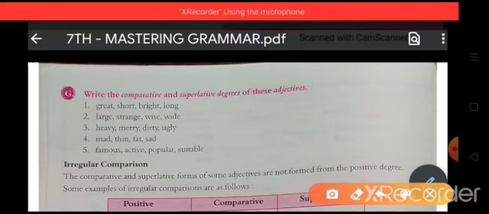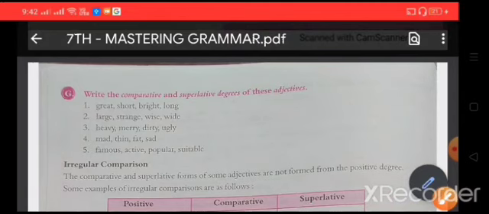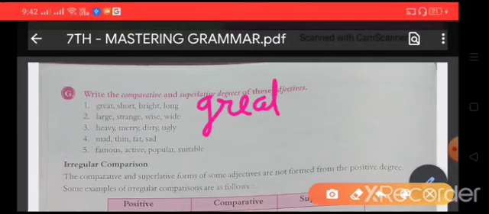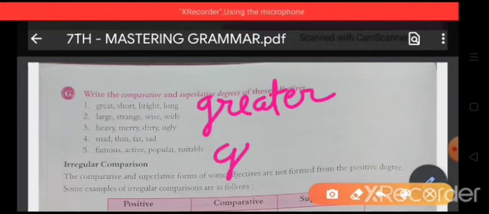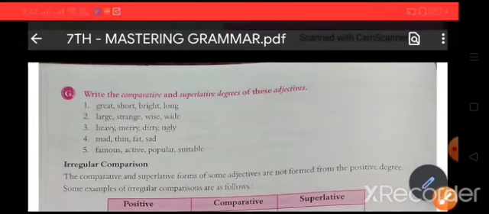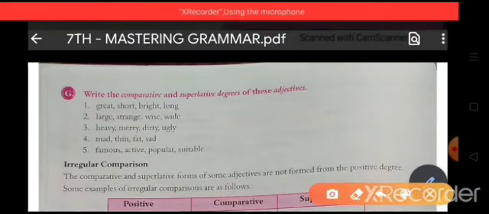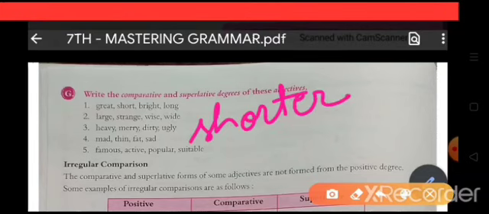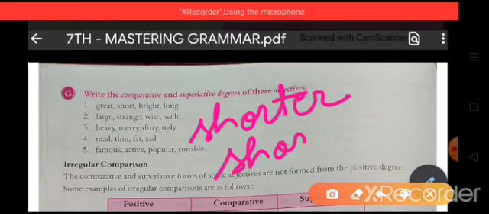We have to write the comparative and superlative degree. So first we are going to start with great. The comparative degree is greater and greatest. Short, shorter, shortest.